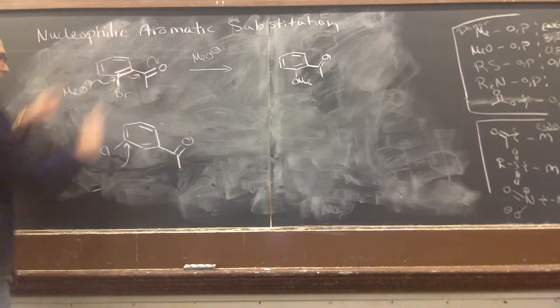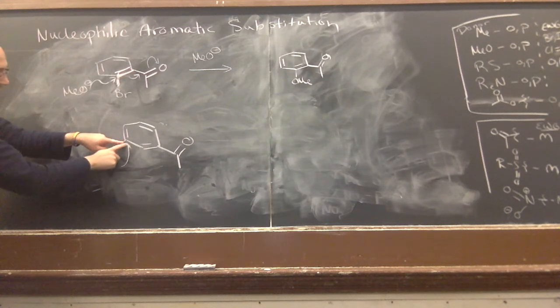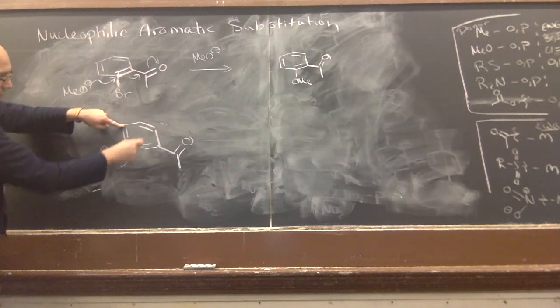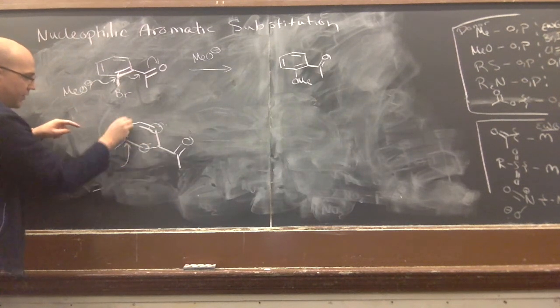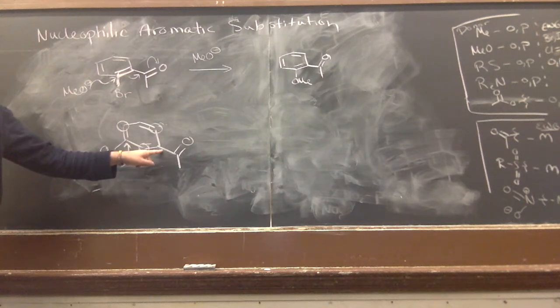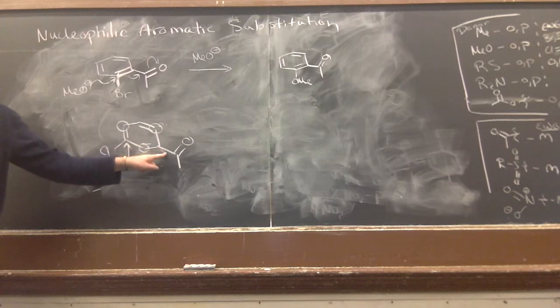It can't be here or here. In this case, you can put the negative charge here, here, or here, but you can't put it at this carbon here. And that would be the carbon where you would ultimately stabilize those electrons.